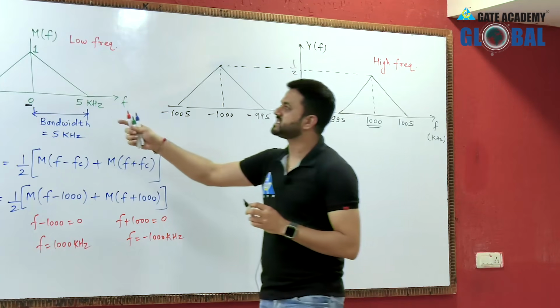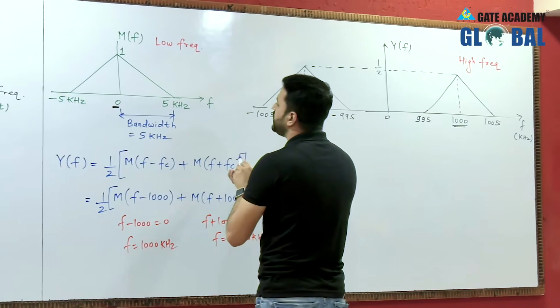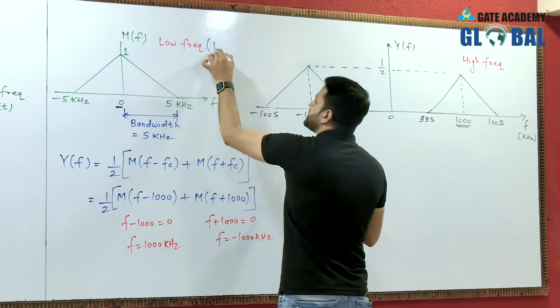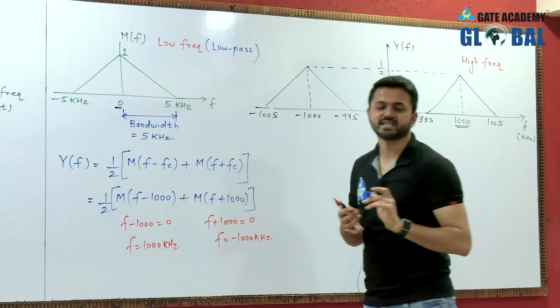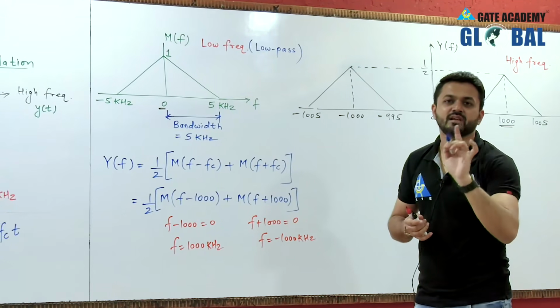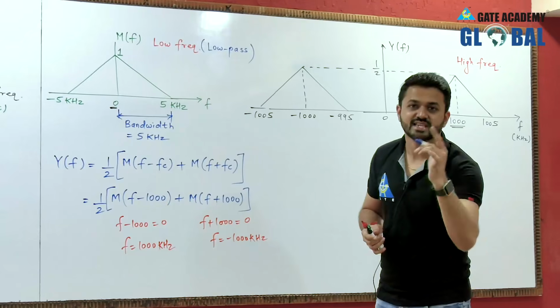And this low frequency signal is centered about the origin. That's why it is also called a low pass signal, because its spectrum is centered about the origin.